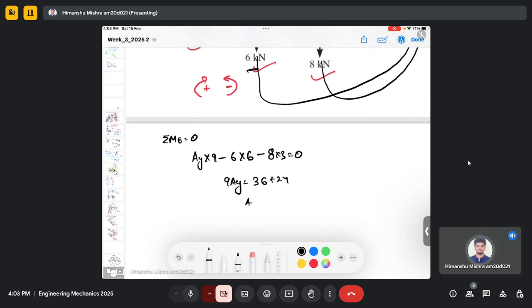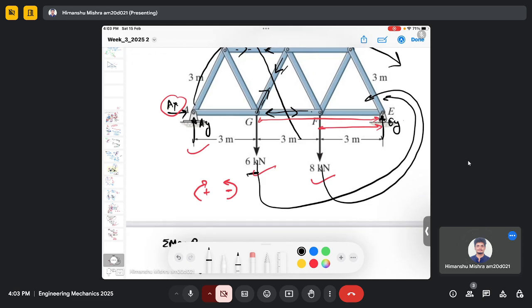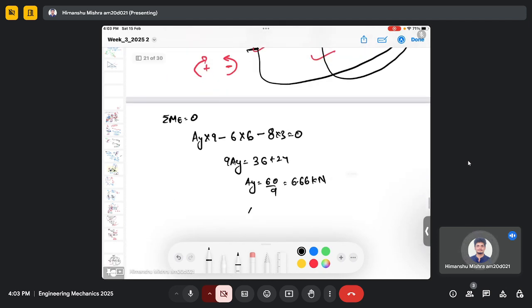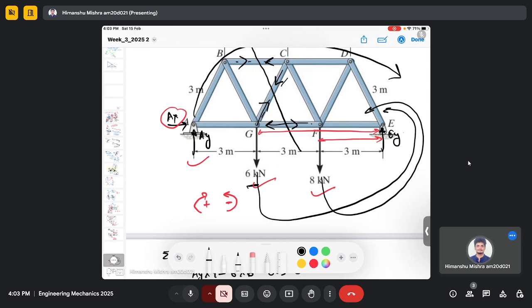So AY will be 60 by 9, which is 6.66 kilonewton. And AX will be 0 because you can see there is no force in the horizontal direction.